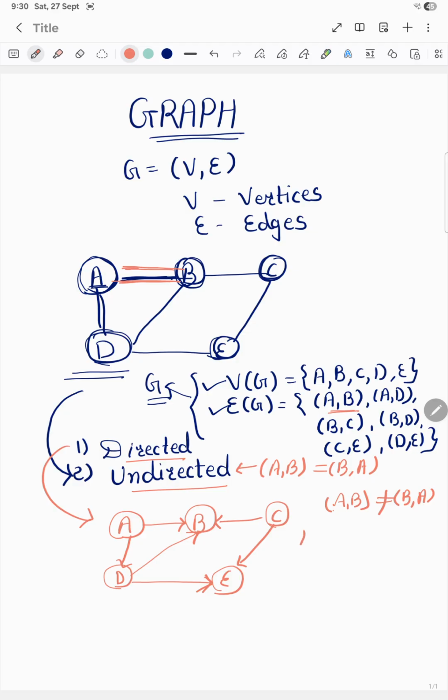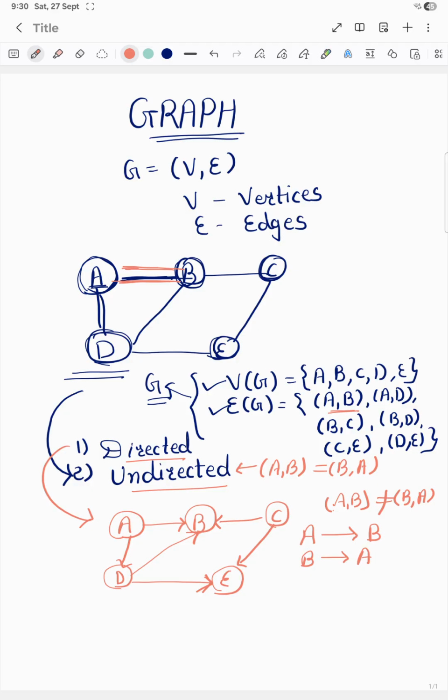A to B means I am having an edge from A towards B, and B to A means I am having an edge from B towards A. So this is the basic difference between the directed and undirected graph.